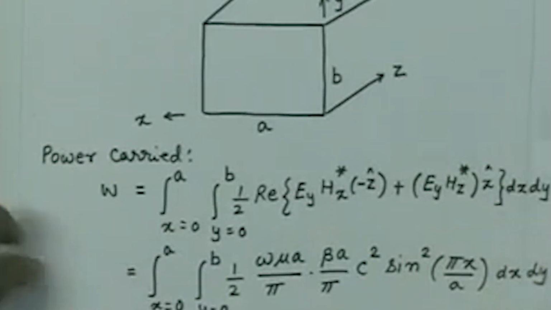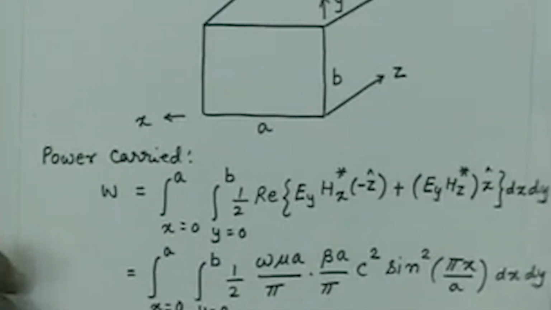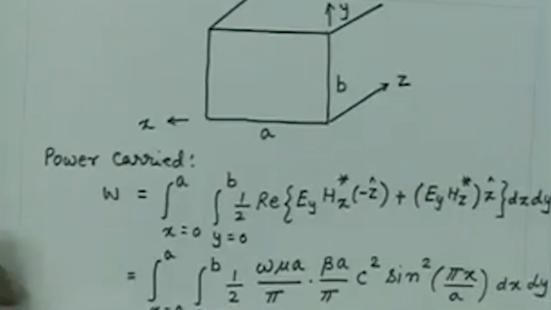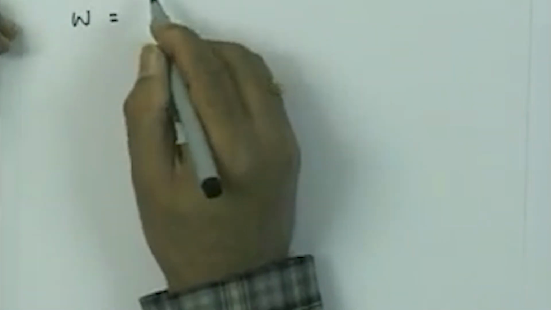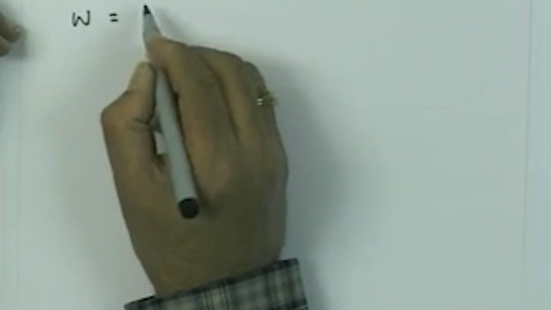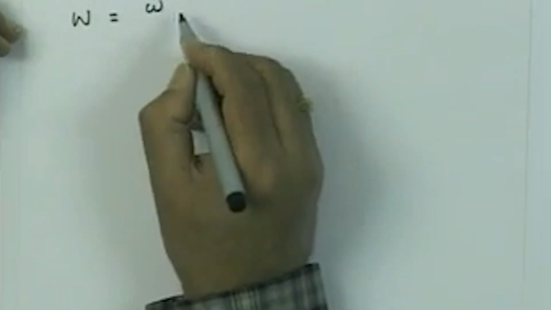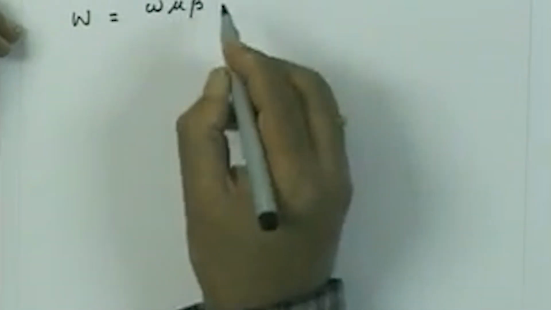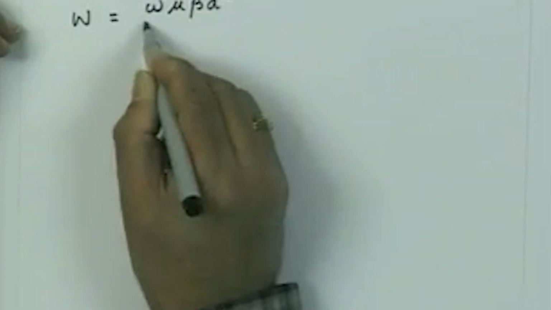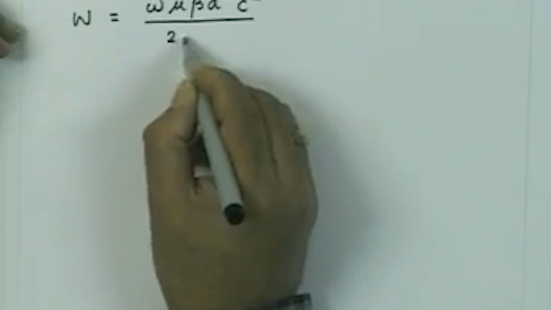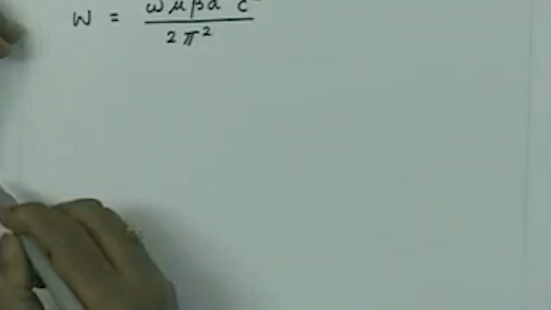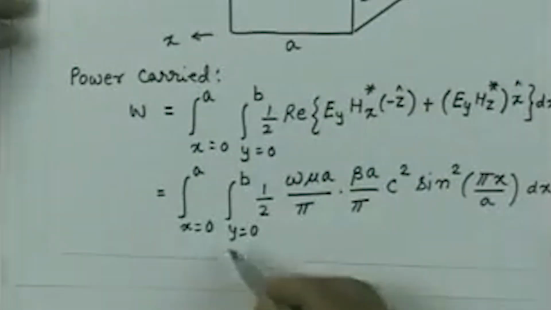There is no variation in terms of y, this is a function of x only. So I can combine these terms and get the total power inside the waveguide W, that is omega mu beta a square c square upon 2 pi square, the integral with respect to y will be b.